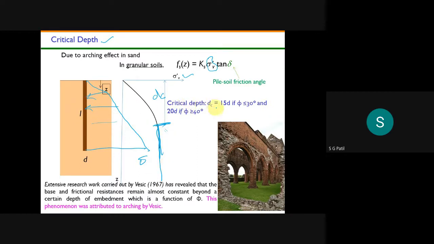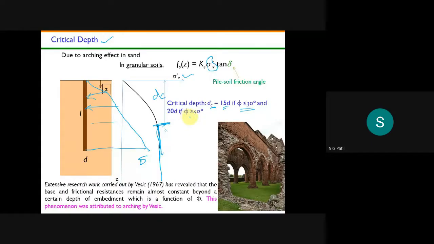So usually the critical depth will be taken as 15 times the diameter of the pile if your phi value is less than 30 degrees, and that is the depth up to which the stress will keep on increasing. If the soil has a phi value greater than 40 degrees, then your critical depth will be 20 times the diameter of your pile.